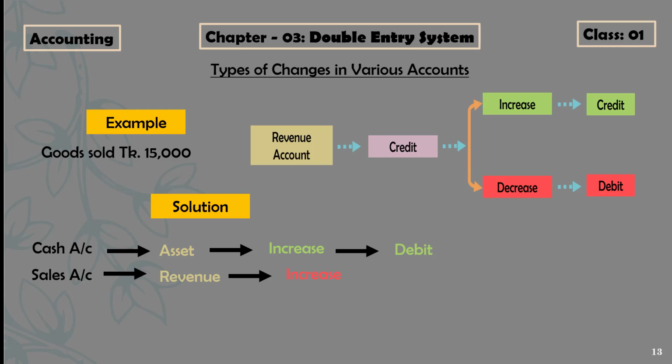It has also increased because we made sales of goods for taka 15,000. We know from our diagram that when any revenue account increases, we credit it. So finally we get our result: cash account debit, sales account credit.